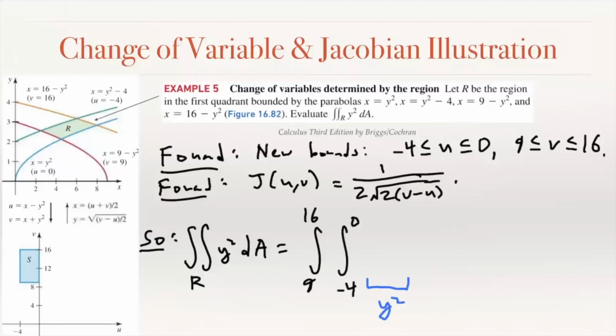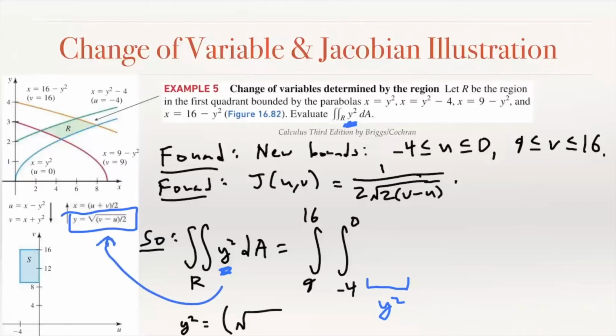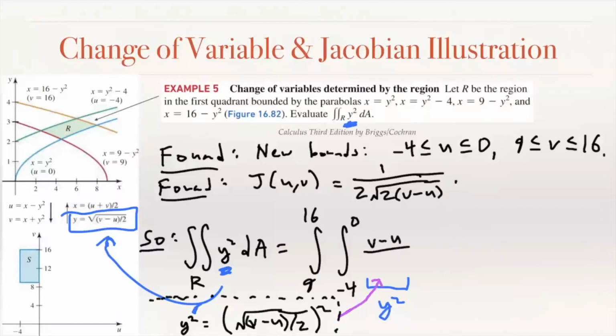Okay, and we want to replace everything to be in terms of u's and v's. So remember that we had a y² there initially, but y is that in terms of v and u. So y² is the square root of (v−u)/2 squared. So our y² is (v−u)/2.